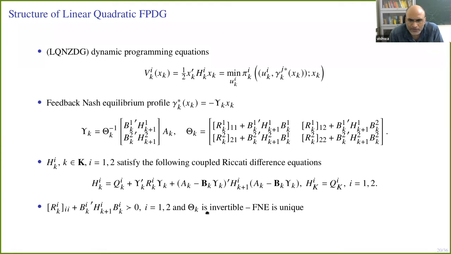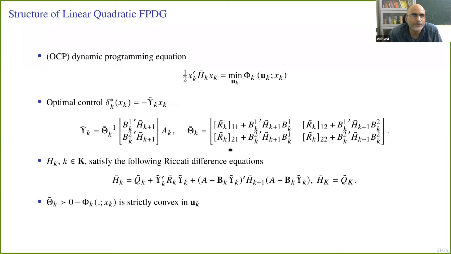But I assume that these parameters additionally satisfy these conditions. This means the feedback Nash equilibrium that I get is unique, because I want this uniqueness to exactly say that the optimal control problem solution is indeed the feedback Nash equilibrium. So these are the conditions that I assume on the problem parameters, and all these matrices we can compute in linear quadratic games.